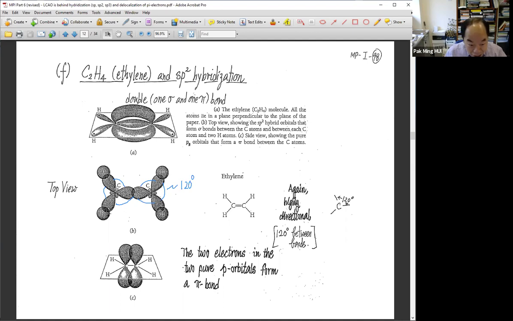We have the carbon, forming bonds with 4 hydrogens at their far ends, and then these 2 carbons can form a very strong covalent bond between themselves.